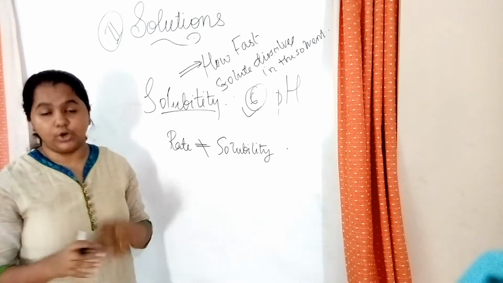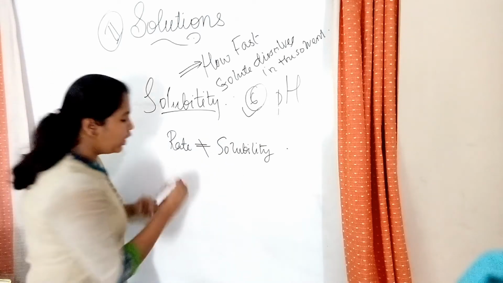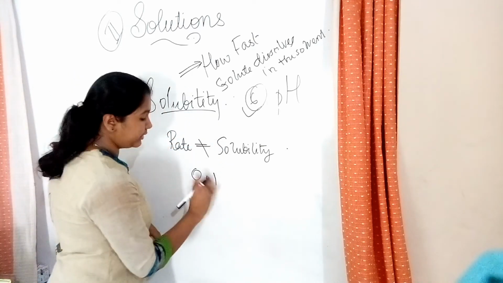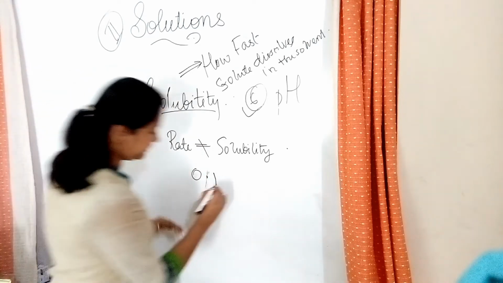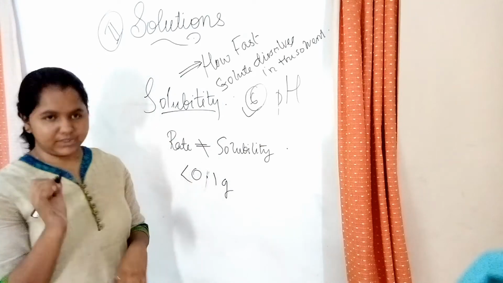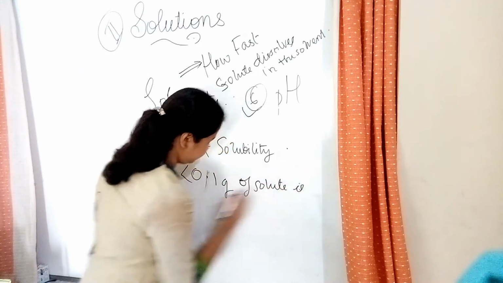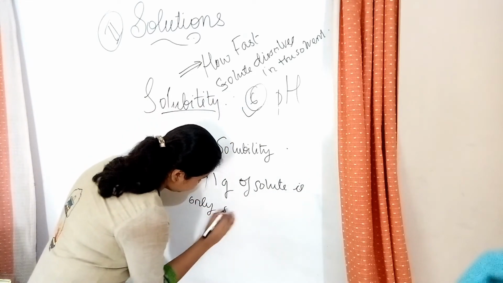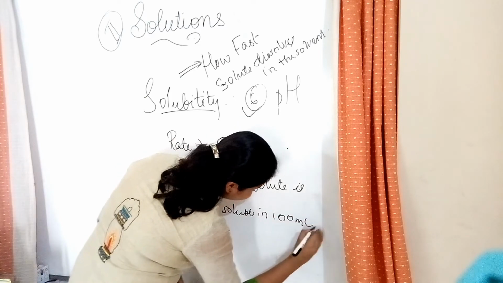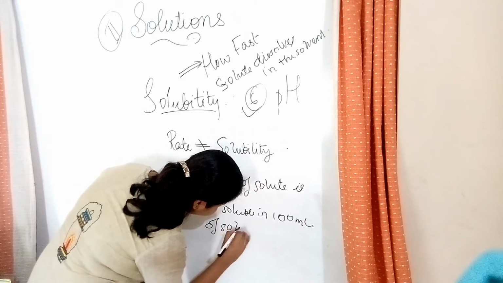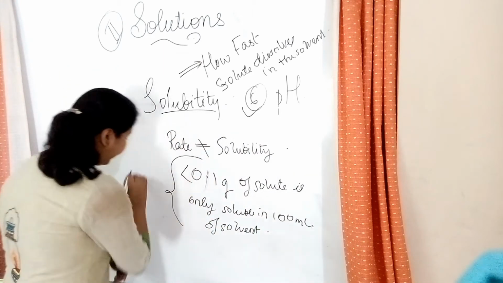I'll tell you the condition for saying a substance is insoluble: when less than 0.1 gram of solute is soluble in 100 ml of solvent. This is insolubility.